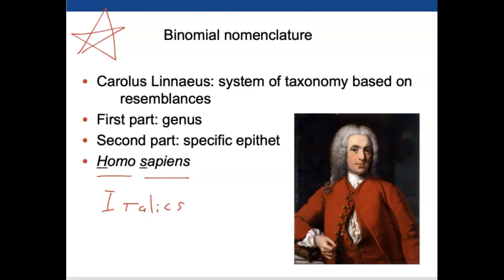If you're handwriting it, underline the scientific name: one line under genus, a second line under species. If you're word processing, texting, whatever, hit the italics key. You need to be very conscious of learning scientific names of species to become more familiar with them. Because if I said, right now, I want everybody to imagine a bear.